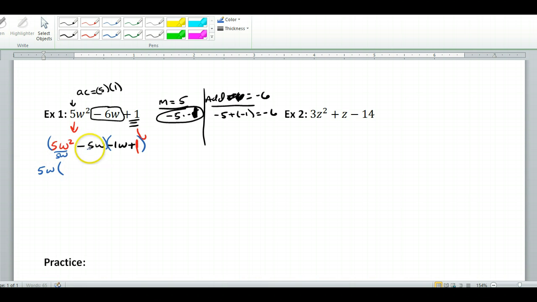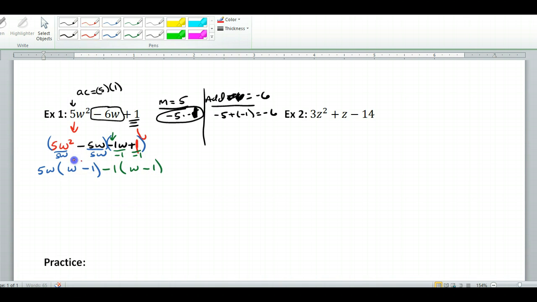When you divide each of these by 5w, we end up with w minus 1. From the next one, if this leading coefficient is negative, we have to pull out the negative. The common factor between 1 and 1 is 1. And if we divide both of these by negative 1, we end up with positive w minus 1.